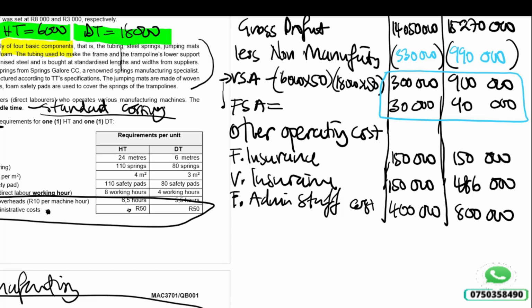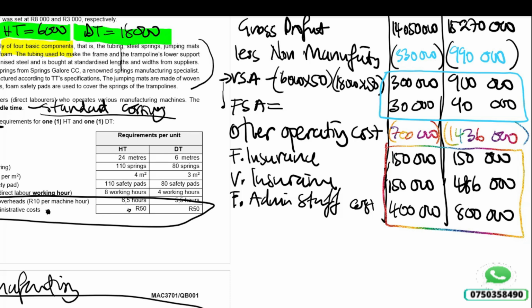These also need to be added. Adding up, they must come here and be subtracted here. So it means I have 700,000 here, and I also have 1,436,000 here.